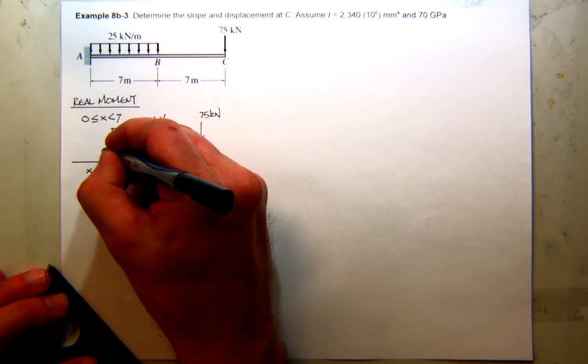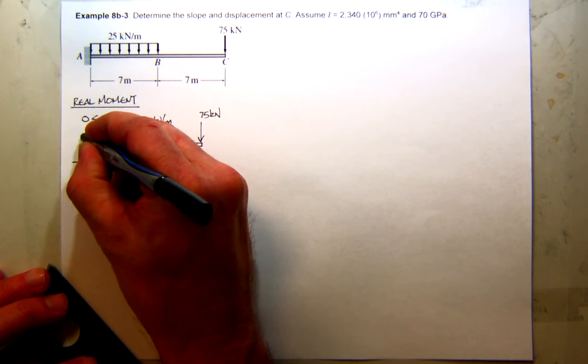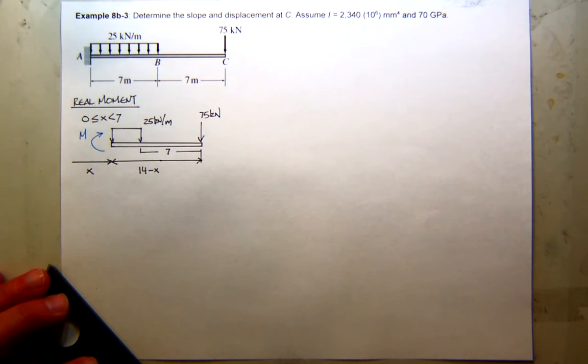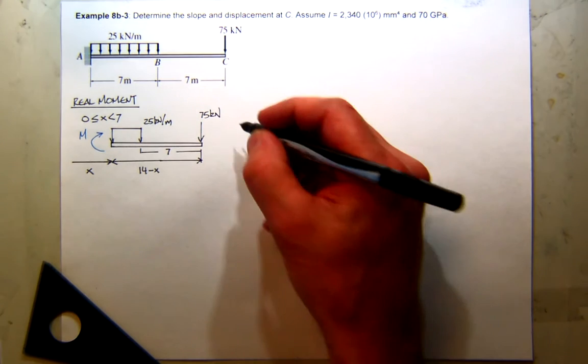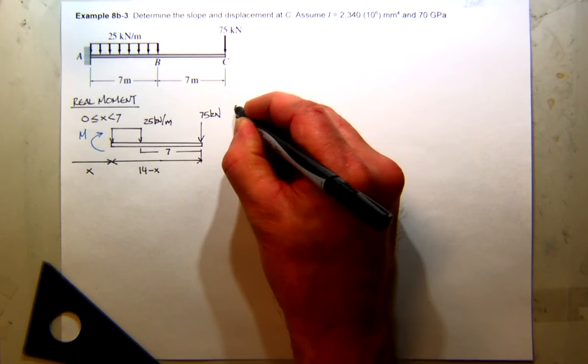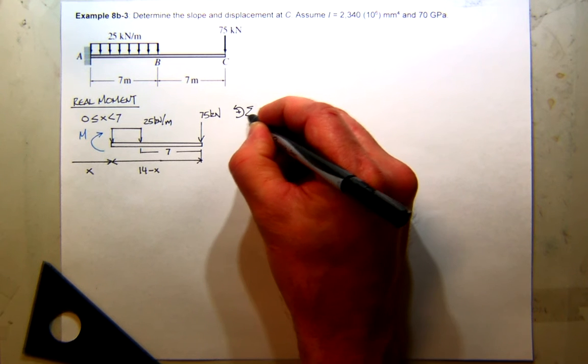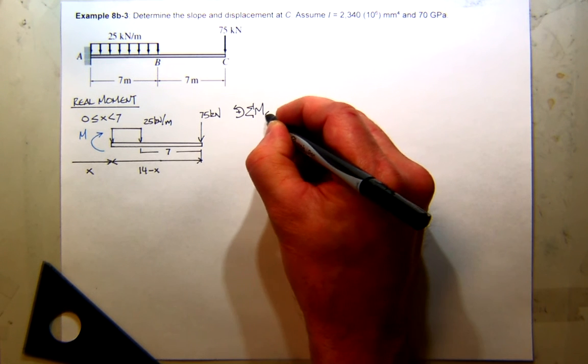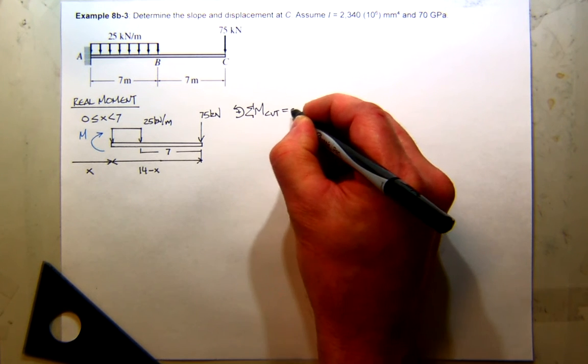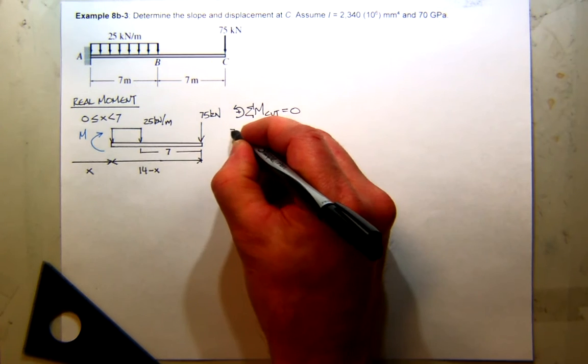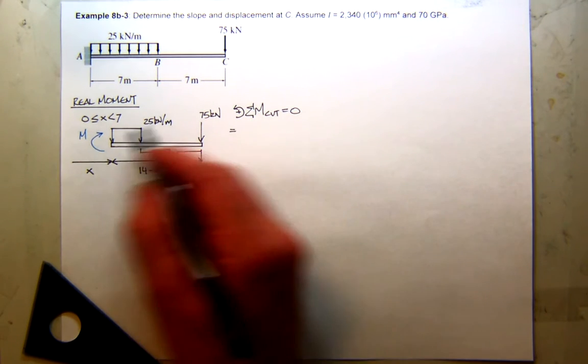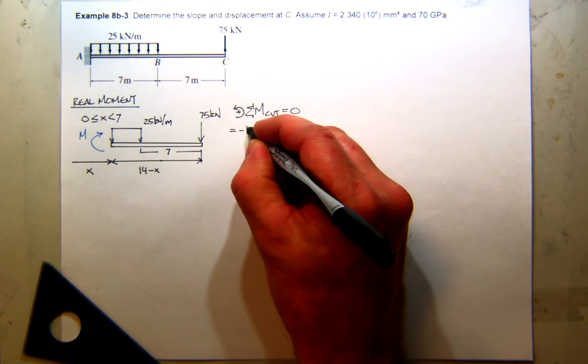And then, of course, I'm looking for the real moment at that cut. So let's find that. I'm going to sum moments at the cut. Make sure it's in equilibrium. So what do I have? Well, starting here at the cut, that moment with my sign convention is negative.